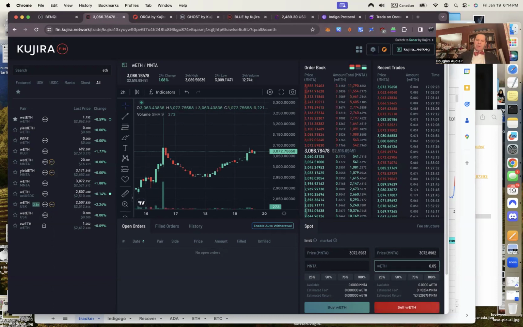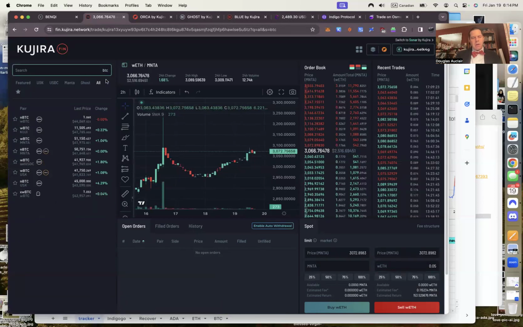Place a limit order, let that order fill, and then go to the Bitcoin side and look for the lowest price Bitcoin, 41.7, 41.9, 41.6, 41.9, 41.8. So again, Bitcoin Kuji is the lowest price, but I have Manta.